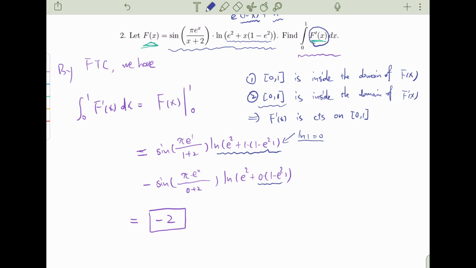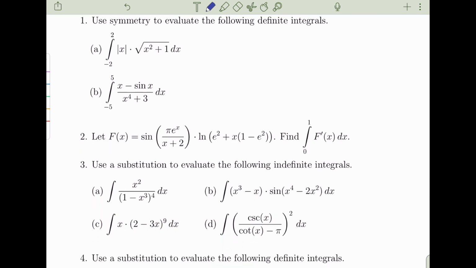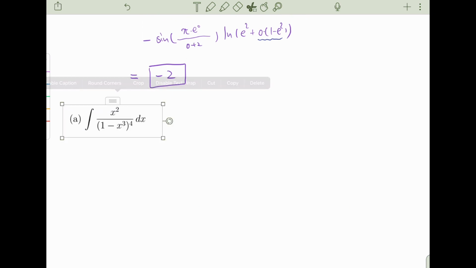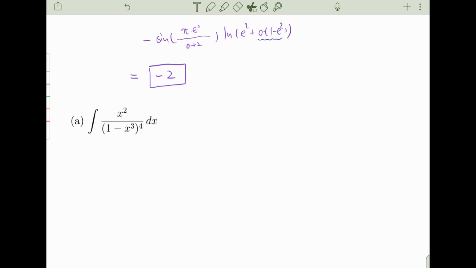And now let's move on to question 3. Use substitution to evaluate the following indefinite integral. So for this type of question, we're going to play the same game about going out and in of the differential sign. So notice that in the bottom we have x cubed, so we want to create the x cubed in the differential sign so that we can do the substitution.